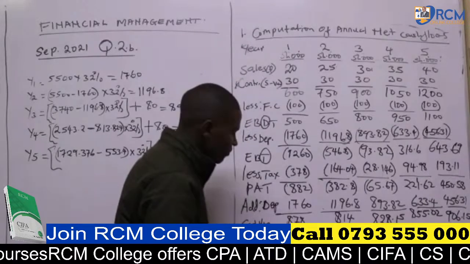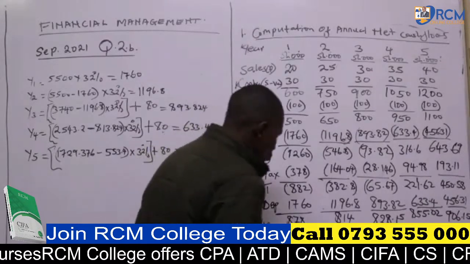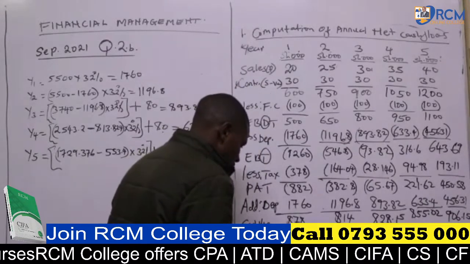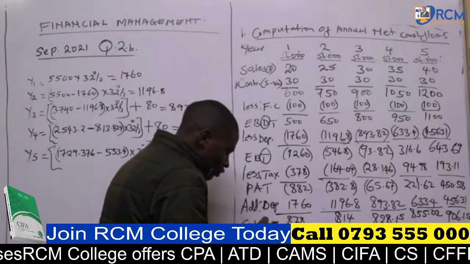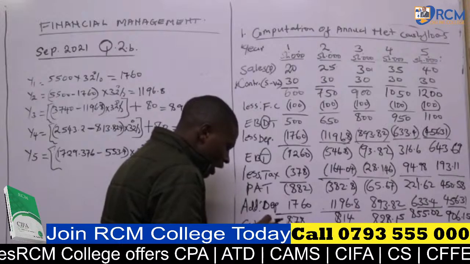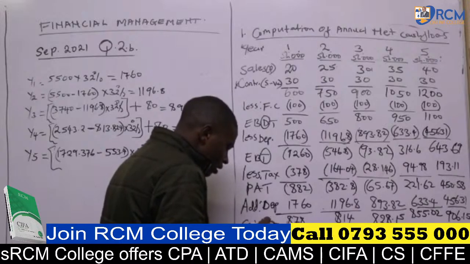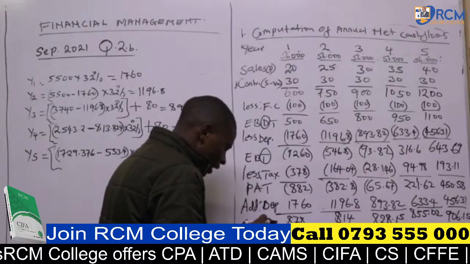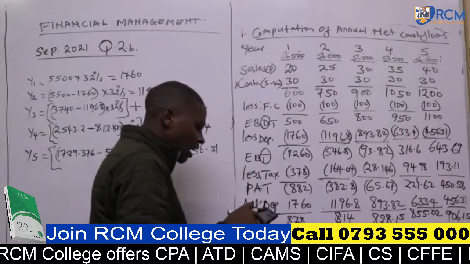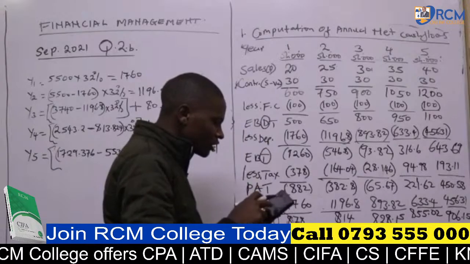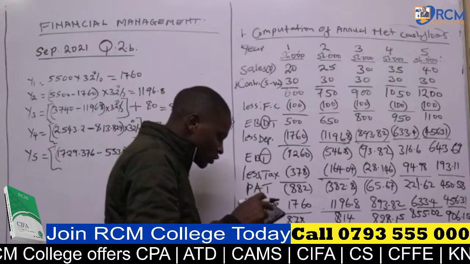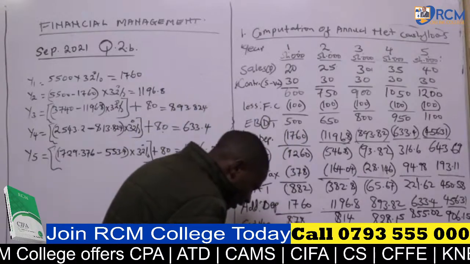Unanipatia hiyo value very fast so that we get now the annual net cash flow. The first table is PVIF. So 13%, sijui kama iko nayo.